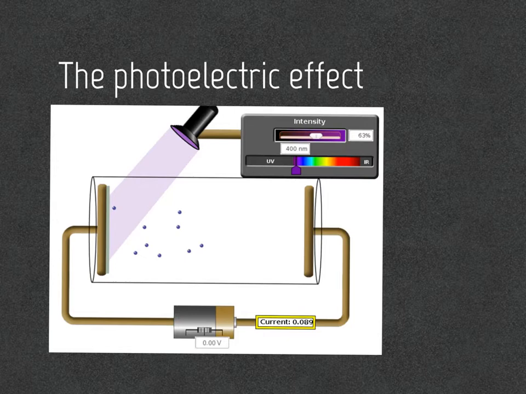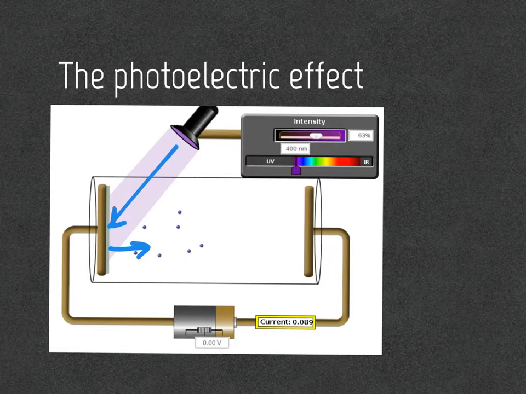So we look at this situation here, and basically what the photoelectric effect experiment is showing is that incident light can physically bump electrons off of a photoemissive plate.